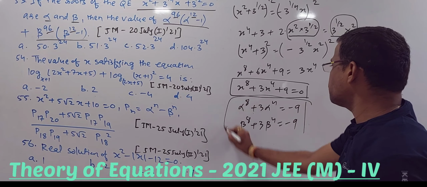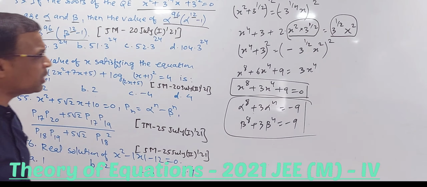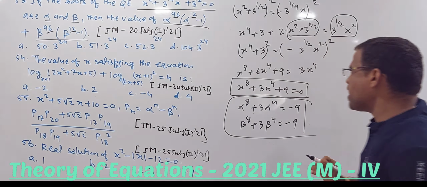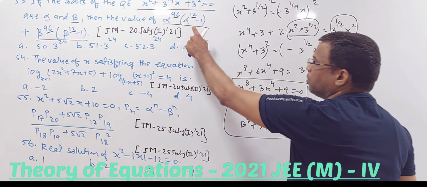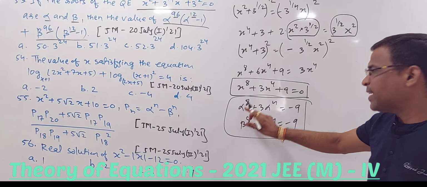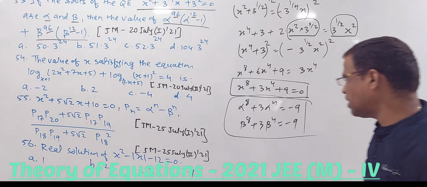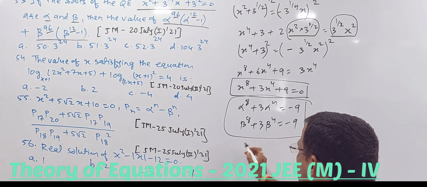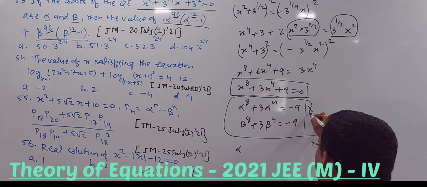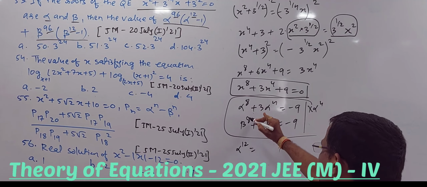These two relations we have. Now the question asks alpha power 96 and alpha power 12 minus 1. Let us try what will happen if we go with alpha power 12 first. I have alpha power 8 as something. In order to make it alpha power 12, what step can I do? Check out, alpha power 8 is multiplied with alpha power 4, so it will be alpha power 12, and this is shifted to the other side.